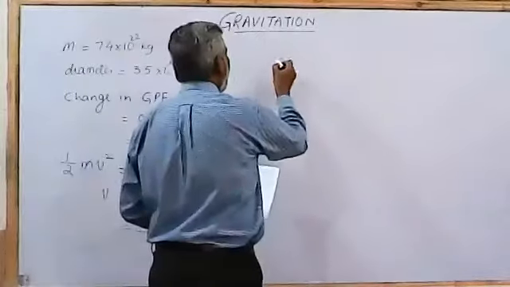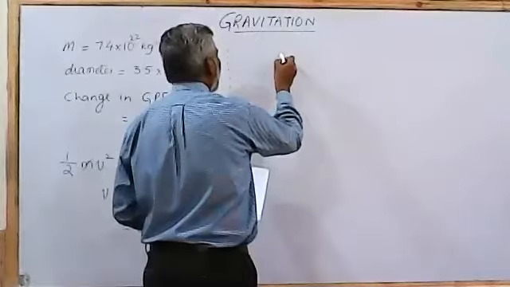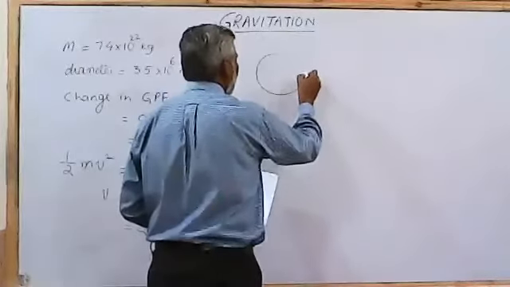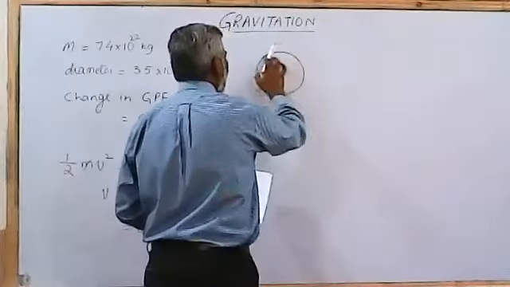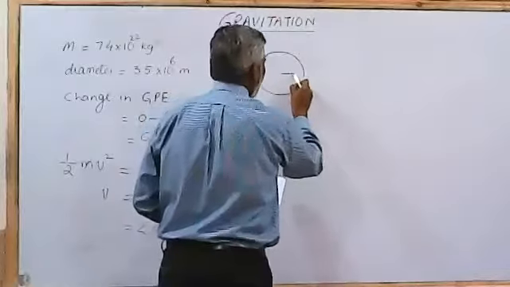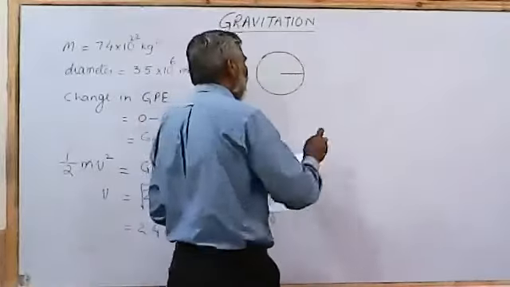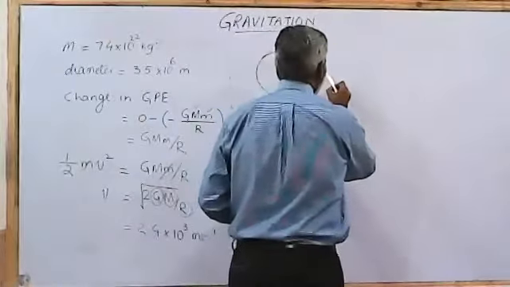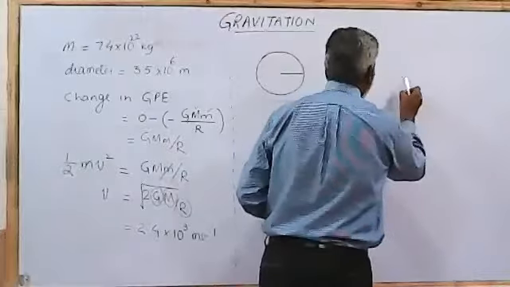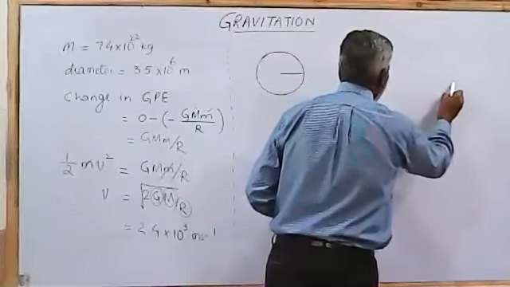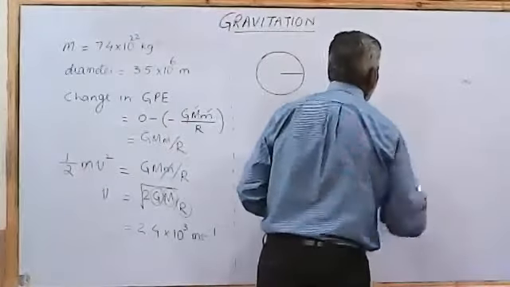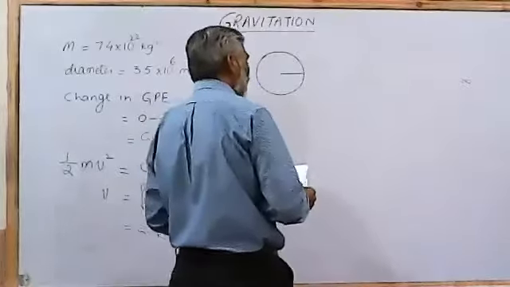For example, if this is Earth and an object is falling towards it from infinity, it's initially at a very, very large distance from it. Suppose this is the distance we call infinity.